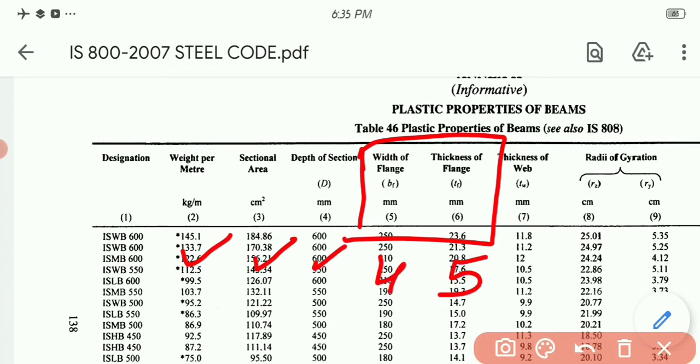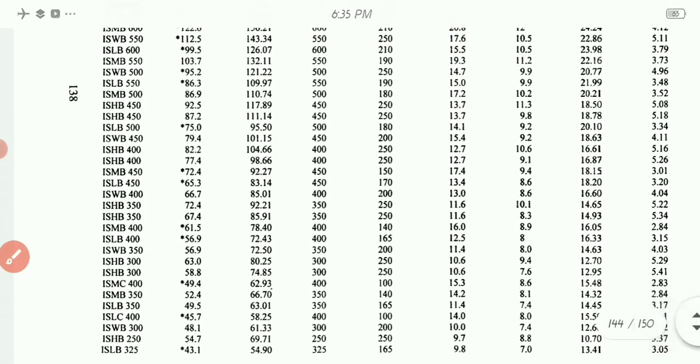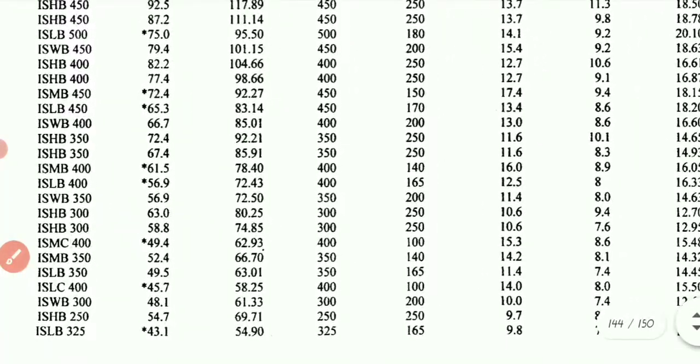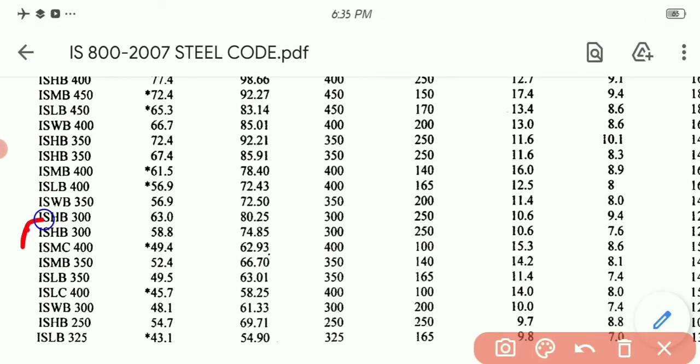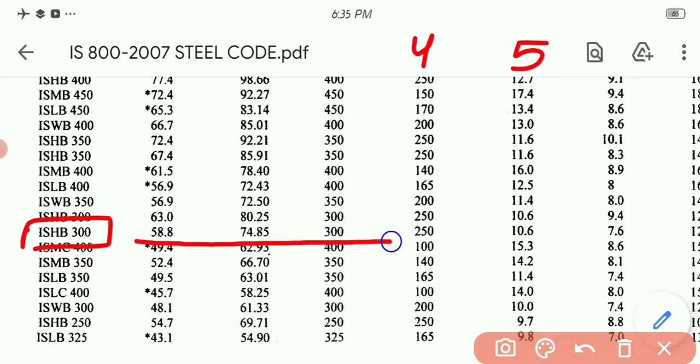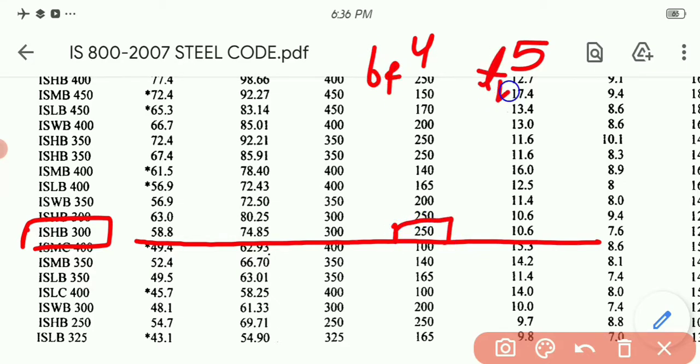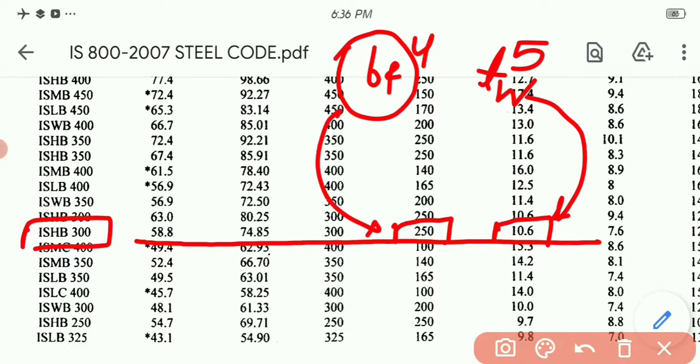So the width of flange is BF, and the thickness of flange is 10.6, and BF is 250 for ISHB 300.